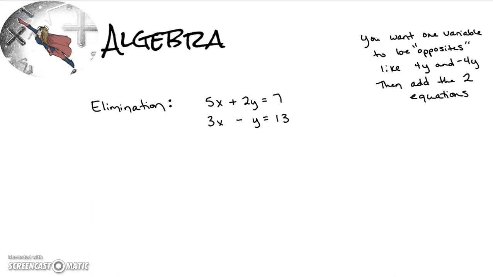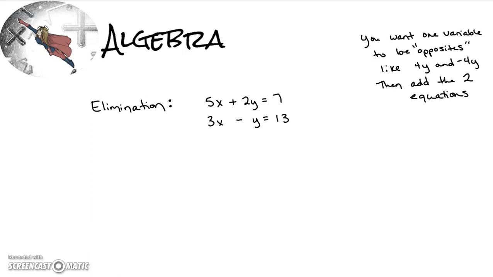So looking through here, if I got the x's to be opposites, I'd have to multiply the top equation by 3 and the bottom equation by negative 5. And in that situation, I would have 15x on top and negative 15x on the bottom, which is fine, but that's a lot more work than we really need to do.